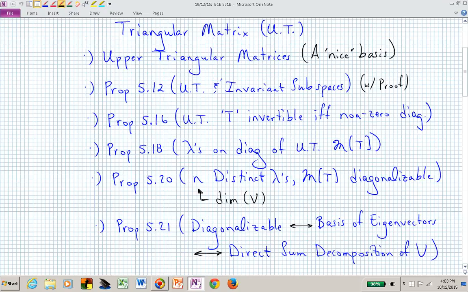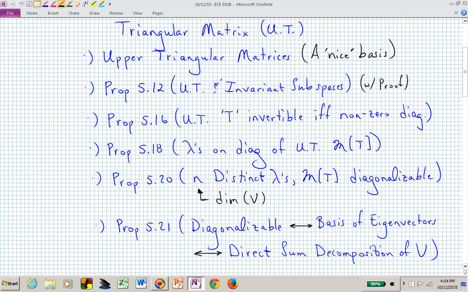Now, maybe that will be open for you because I don't know that we're going to get through all of this material, but what we want to talk about now really is focused on complex vector spaces.